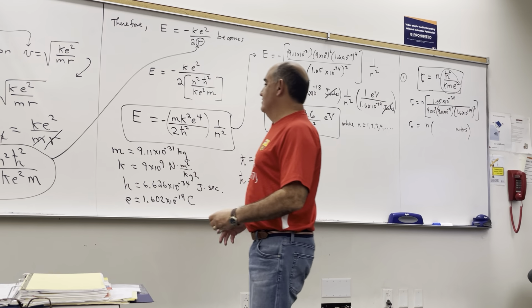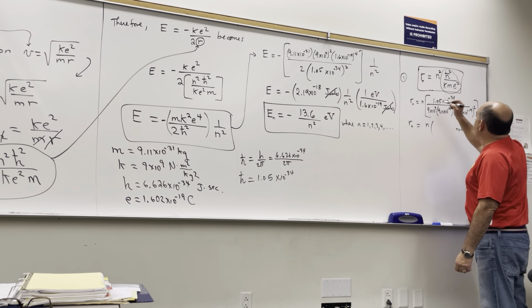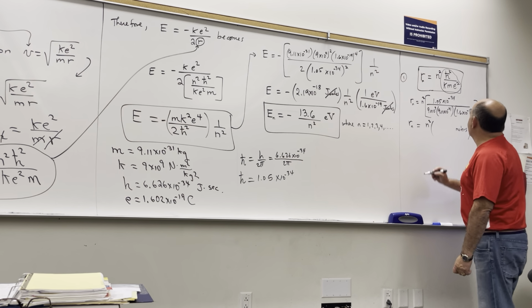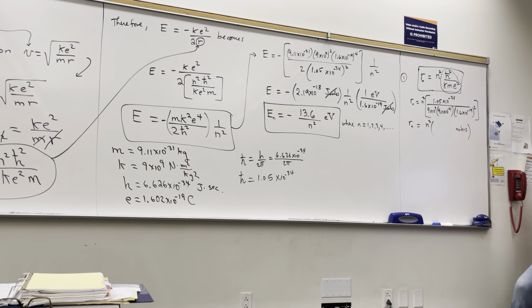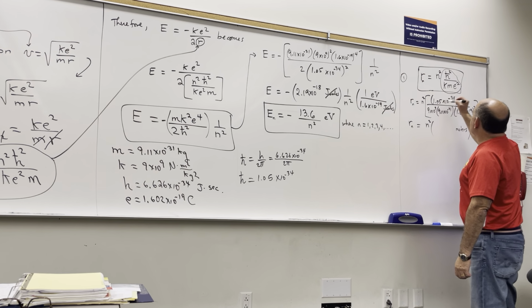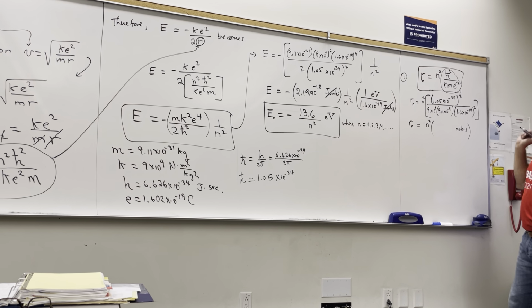Oh, n squared, yes. That's something I would have figured out, but after I made a mistake. Thank you. Good. So this should be squared, right? Then k m e squared. Thank you.